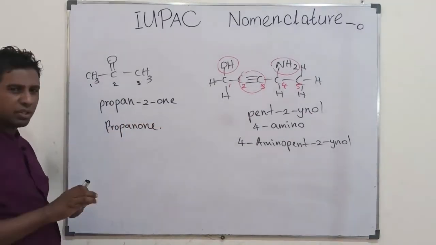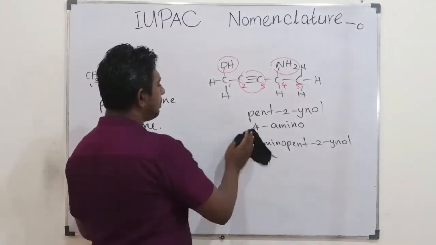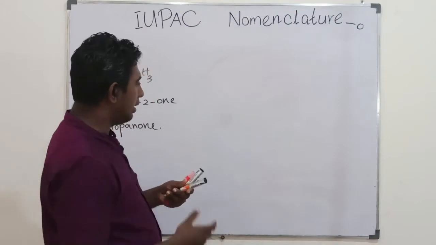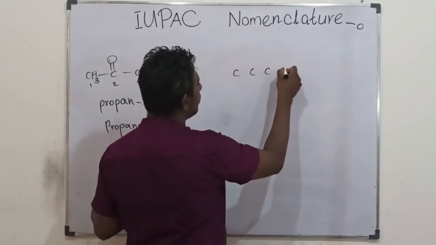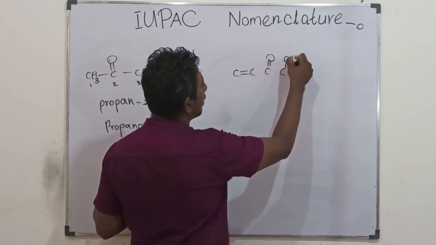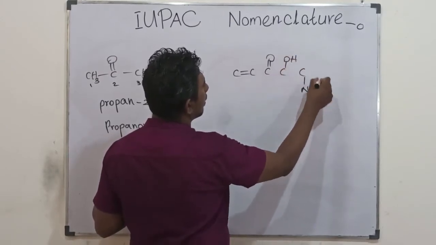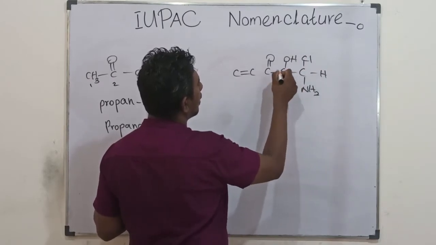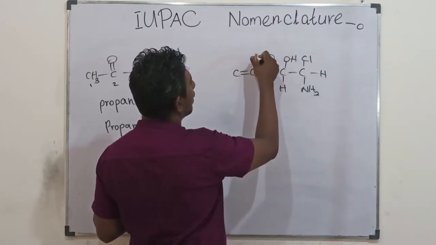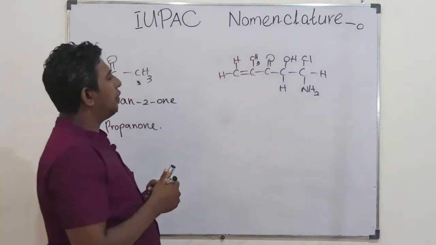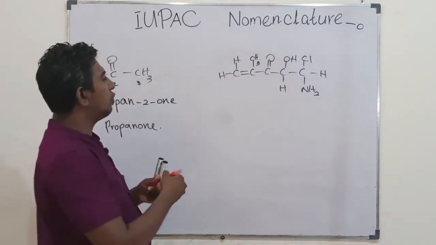Right. So let's go for another example. Students, when you have a structure like this, what would you call it? It has a few functional groups.